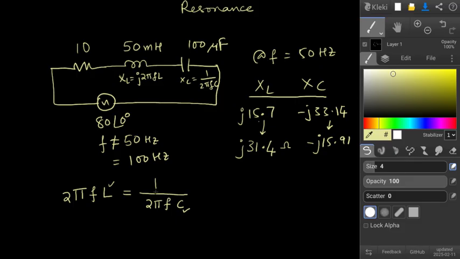So f squared is 1 by 4 pi square into LC, and f is 1 by 2 pi root LC. Okay. So it's a simple calculation like this that will tell you the resonance frequency, f R.